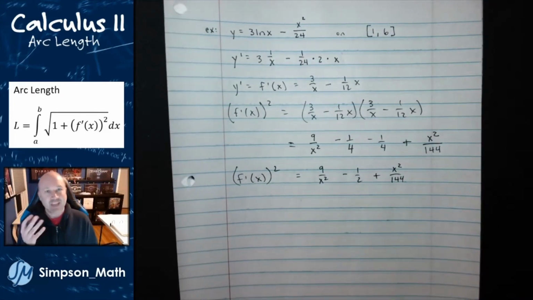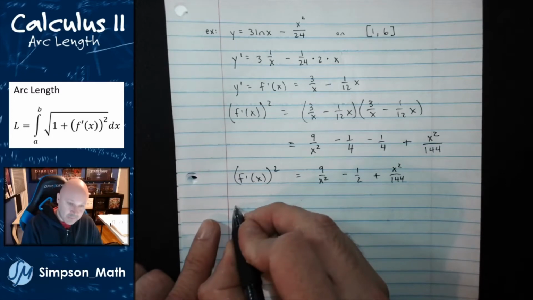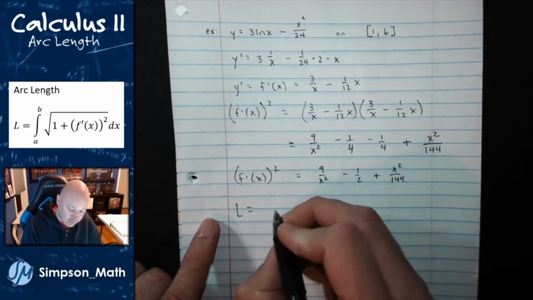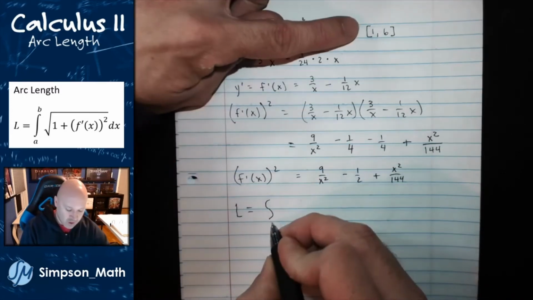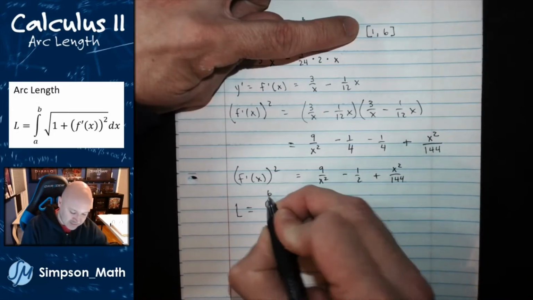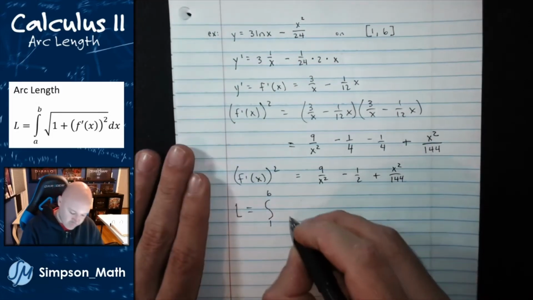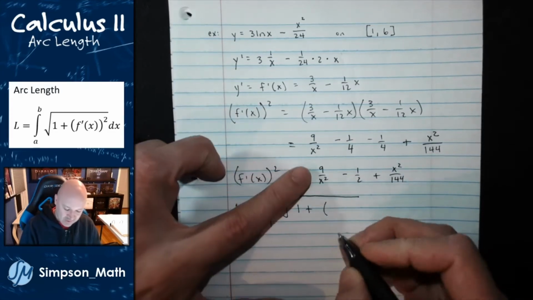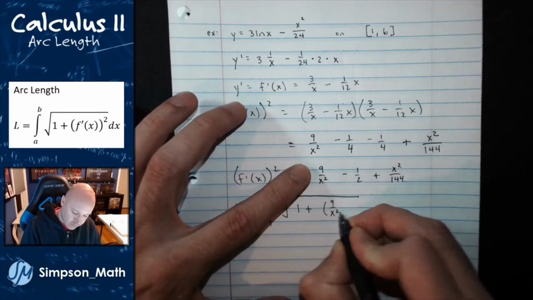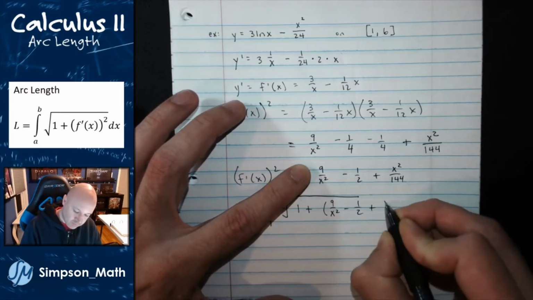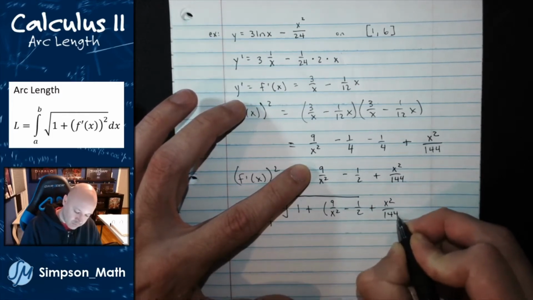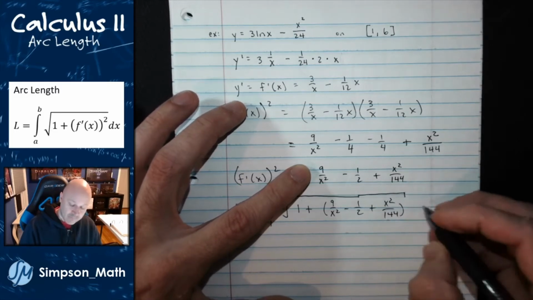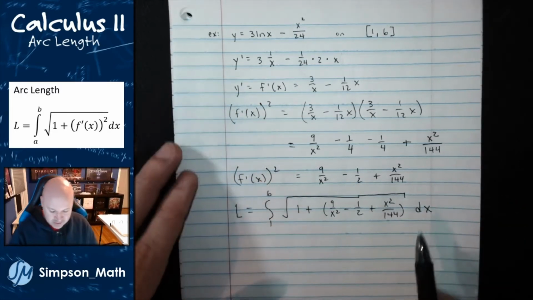Okay, they gave me the function. I found the derivative. I squared the derivative. Bam. I shove it into this formula. The arc length will be equal to the integral over the interval 1 to 6 of the square root of 1 plus this stuff, dx.